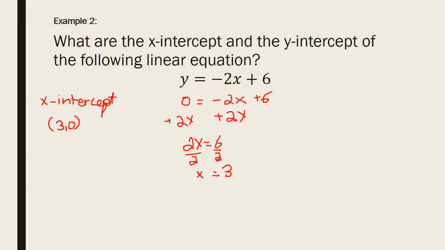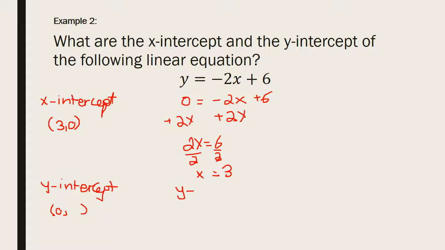Now to find the y-intercept, I know that the x-coordinate of the y-intercept is equal to 0. That means I'm going to substitute x in the linear equation with 0. So I'm going to go back to my equation.